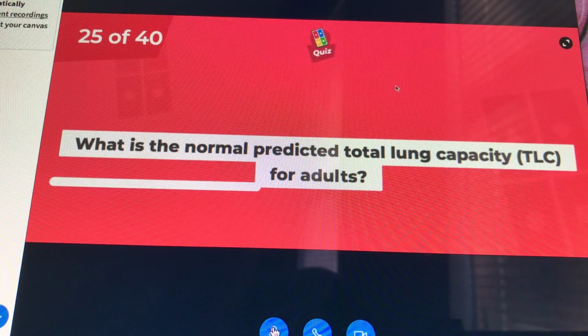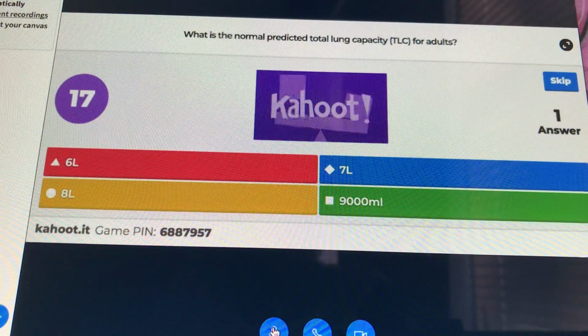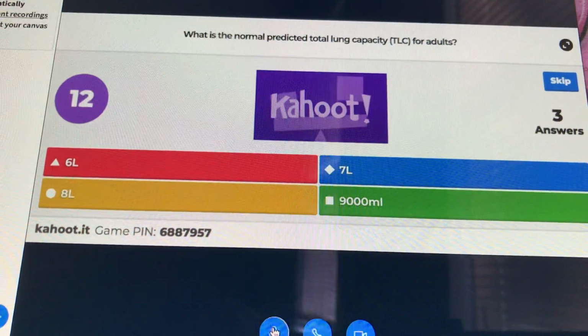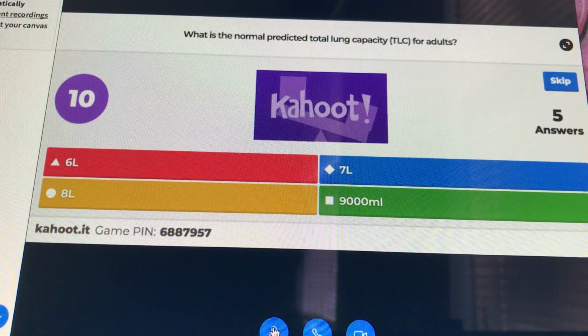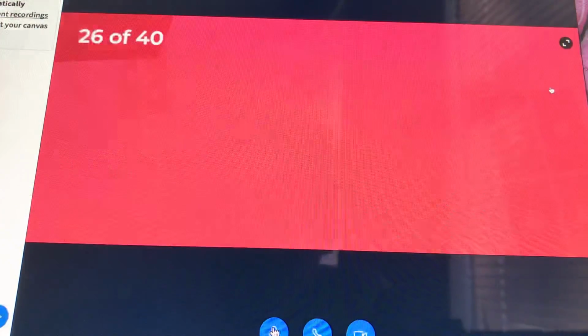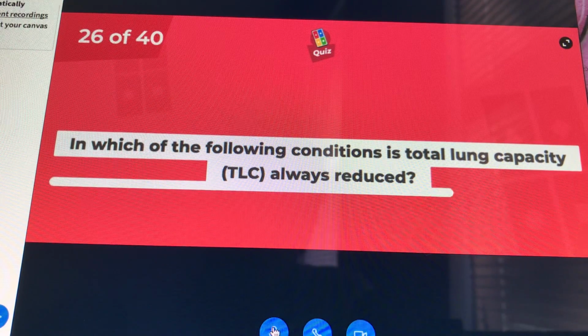What's the normal predicted TLC for adults? Good, about 6 liters. Which of the following conditions is TLC always reduced?